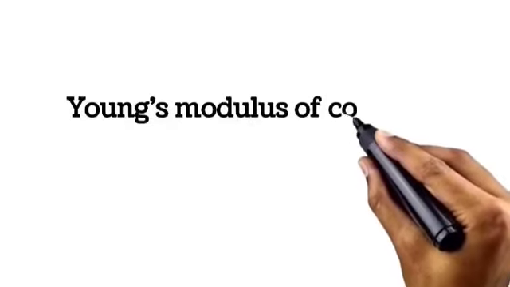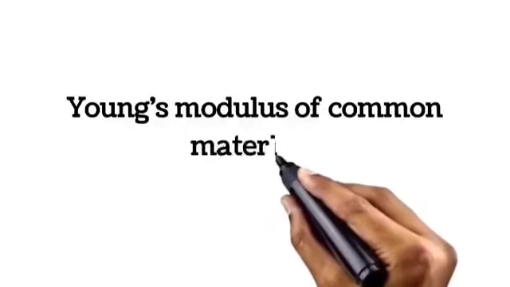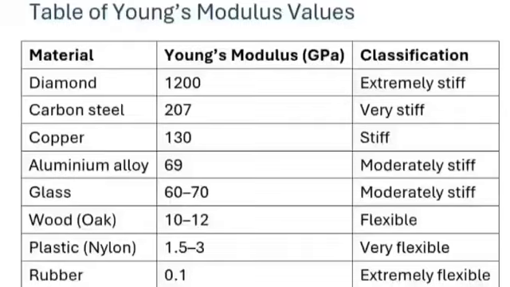Let's look at Young's modulus of common materials. The table here shows Young's modulus of some common materials. In the table we have the materials, their respective Young's modulus, and also their classification.